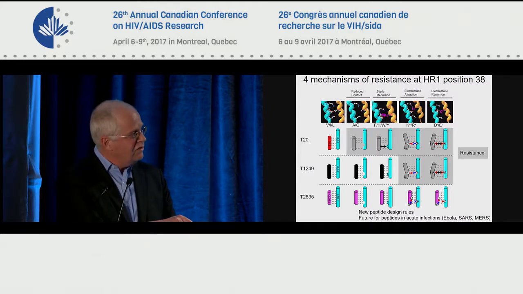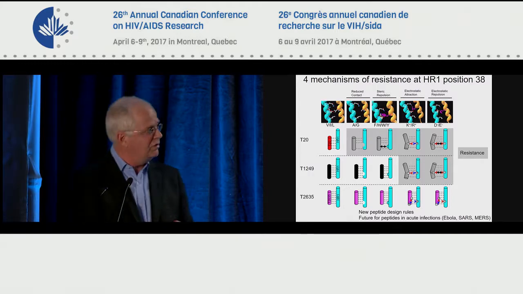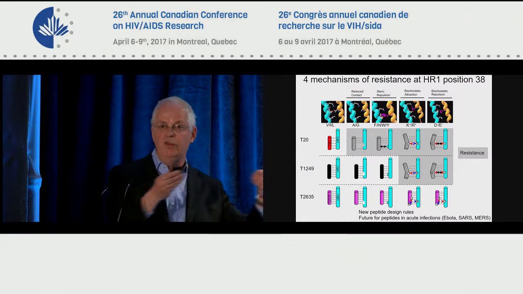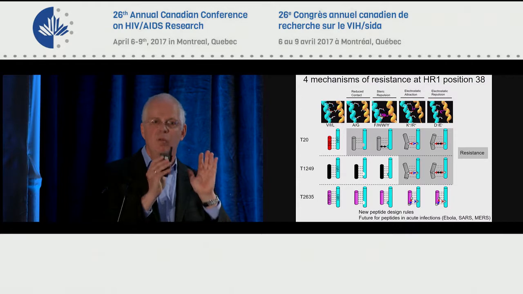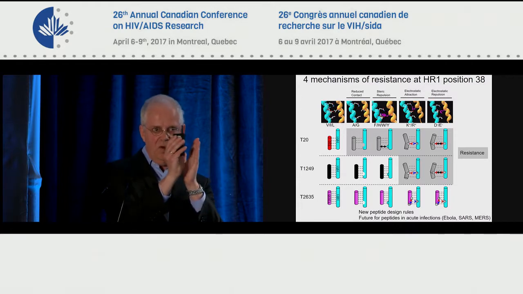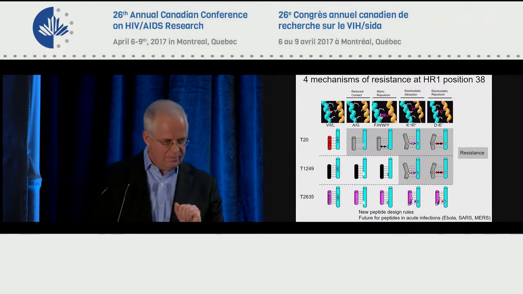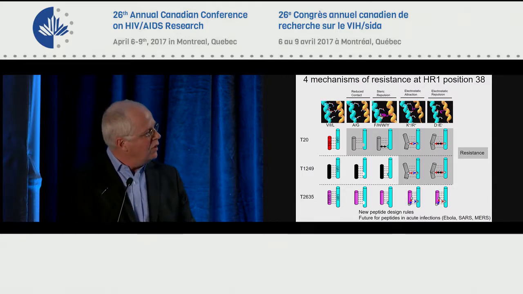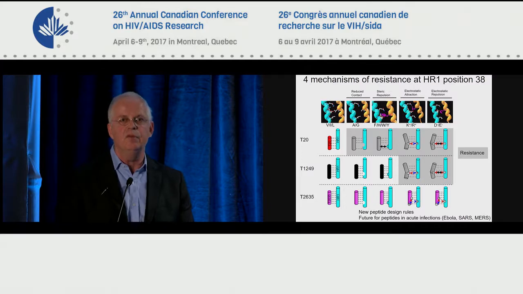With the 2nd generation, that does not work, it's not sufficient, and you select, as I already said, charged residues. That's indicated here. You see a few charges, and either you get repulsion or attraction. It doesn't matter. Both are bad for the optimal helix-helix contact. And that provides resistance. And as I already indicated, no resistance initially for this compound.